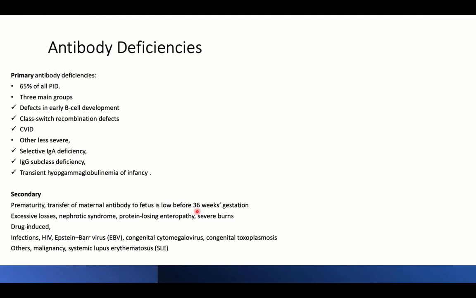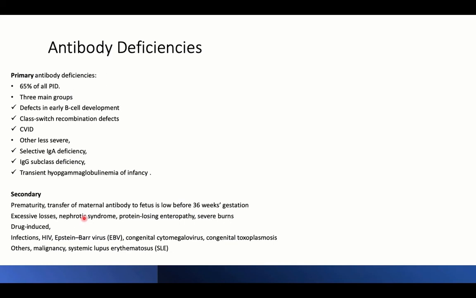So preterm birth will be associated with deficiency of antibodies due to a lack of maternal antibody transfer. Excessive losses of antibodies can occur in case of nephrotic syndrome. It's lost in the urine. These are called Bence-Jones proteins, proteins formed of Fab fragments of immunoglobulins lost in the urine.